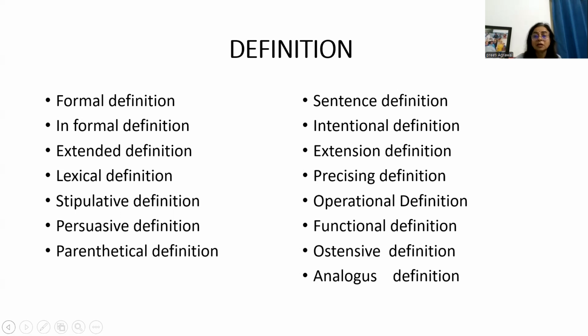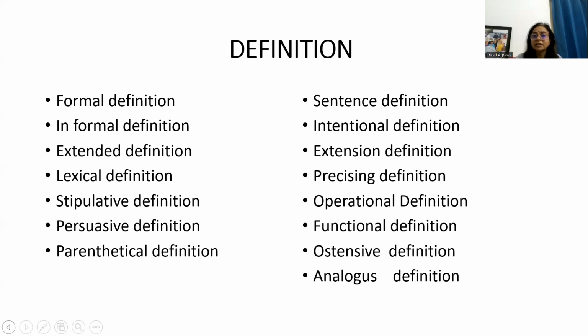Persuasive definition: these terms we use to persuade someone. Most of the time we use these terms in meetings and in professional dealings. Parenthetical definitions: for the sake of explanation we write the meaning of some words.